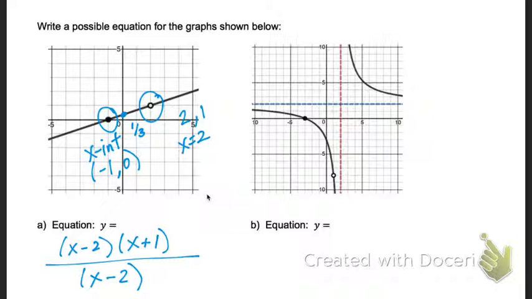Yes. And then I need to add one more thing in there. 1/3 for the slope. So 1 on top, 3 on bottom. Or you wouldn't have to necessarily put the 1. And if I were to check this, these cancel, and I'm left with 1/3 times x plus 1.